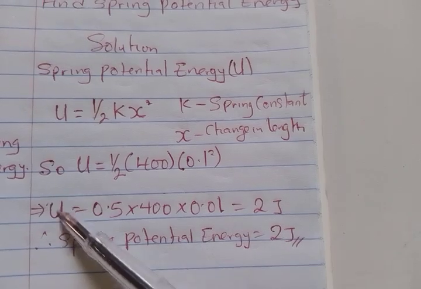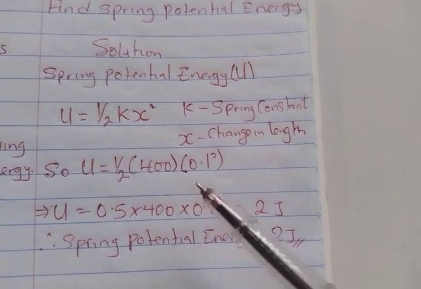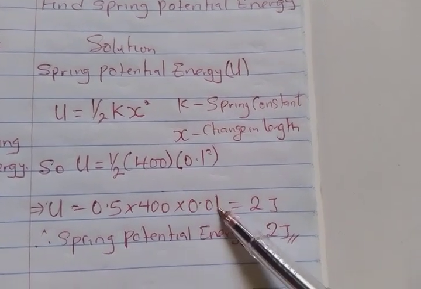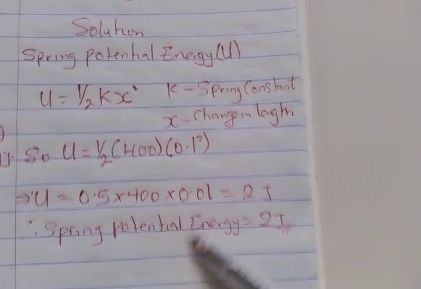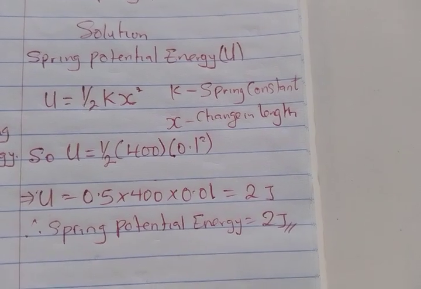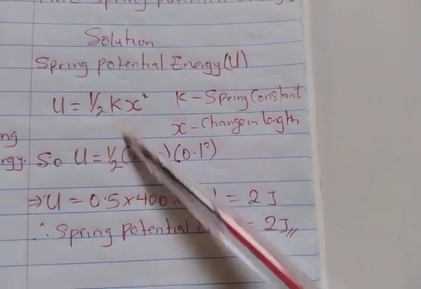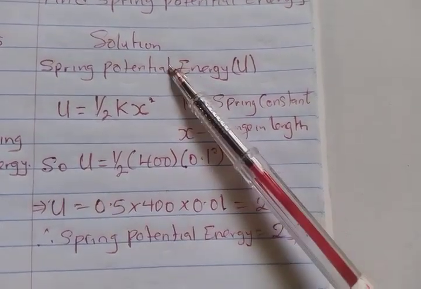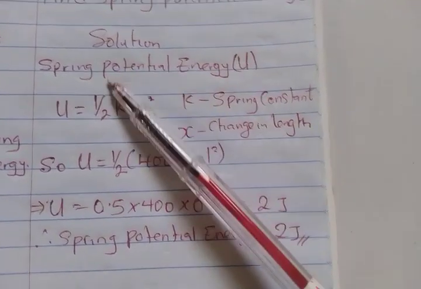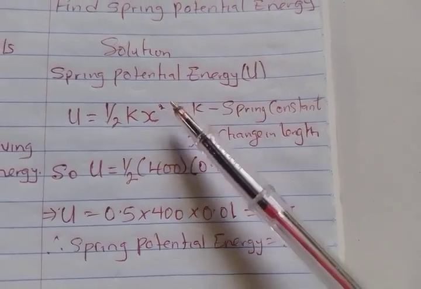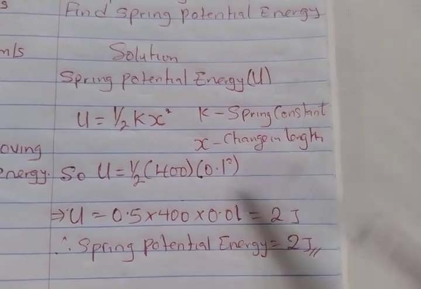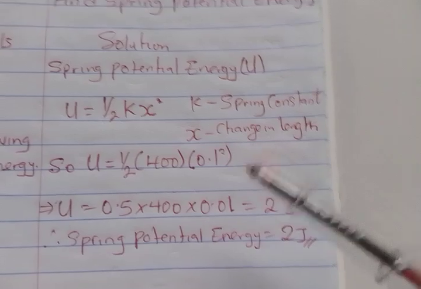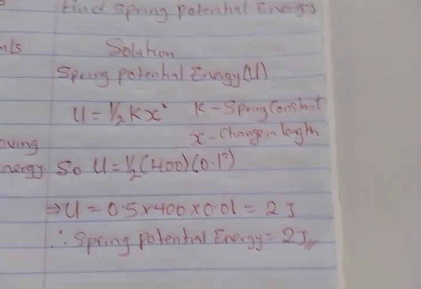So U is equal to 0.5 times 400 times 0.1 squared, which is equal to 2 joule. So the spring potential energy is 2 joule. Please take note of this formula: U is equal to 1/2 kx squared, where K is the spring constant and x is the change in length. Since it is an energy, the answer will also be in joule.